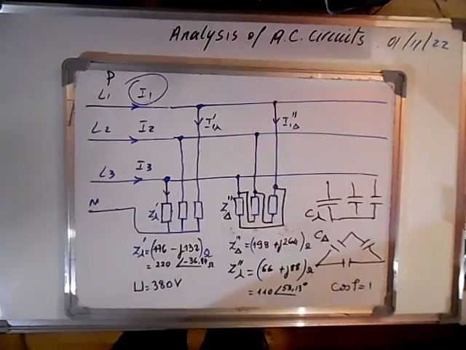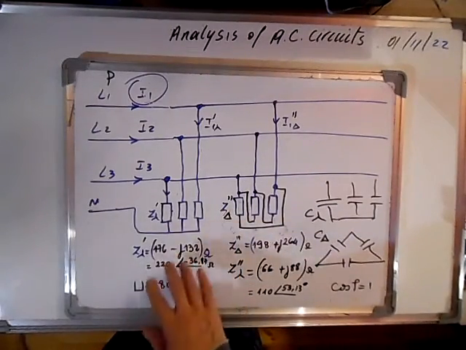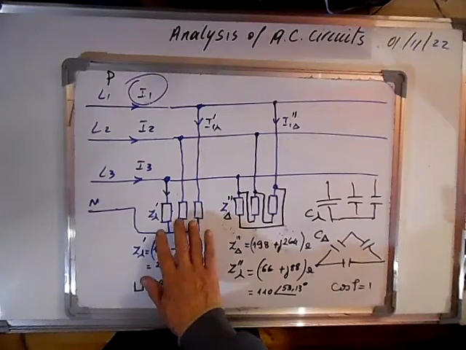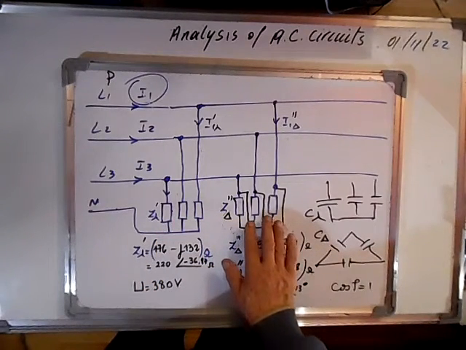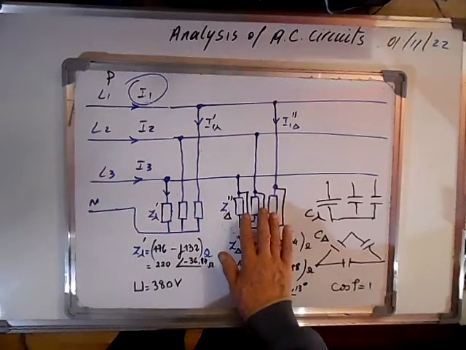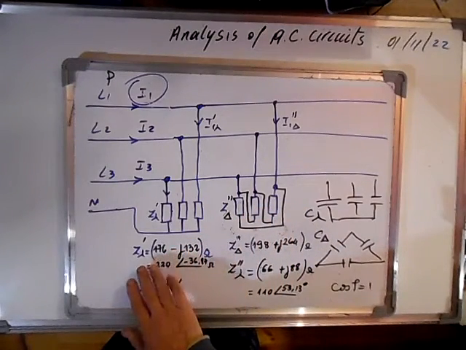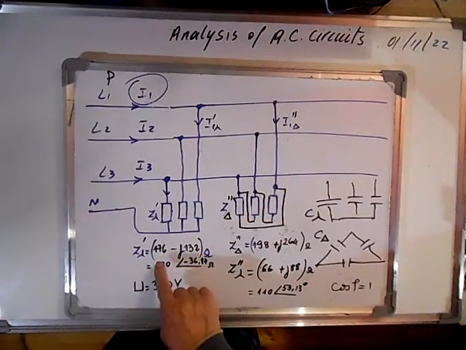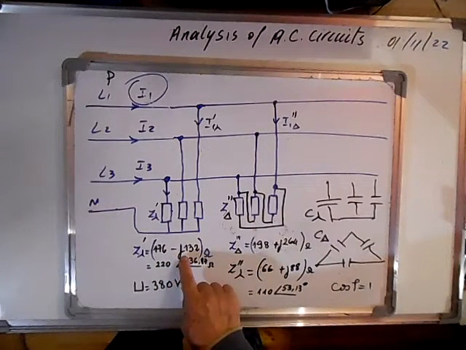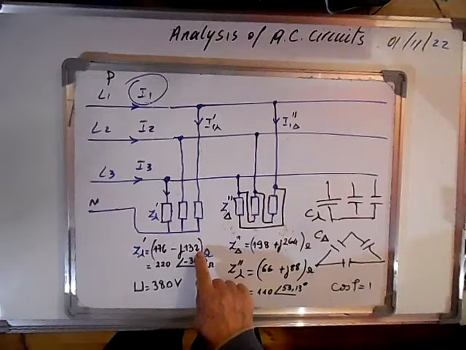Suppose we have the following circuit. We have a load connected in star and another that is connected in delta. First one, the impedance is capacitive, equal to 176 minus j132.